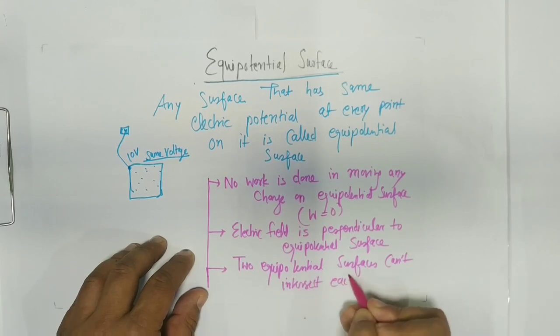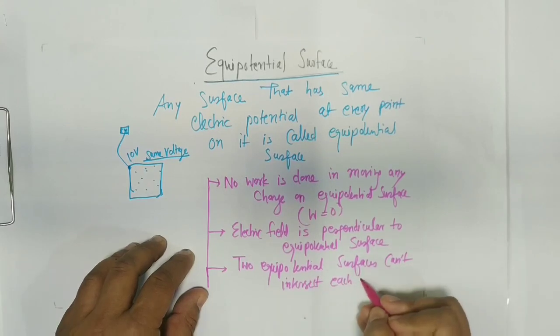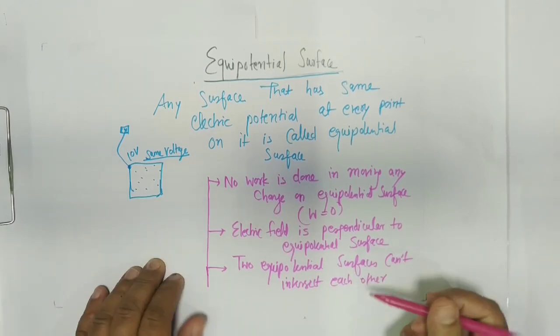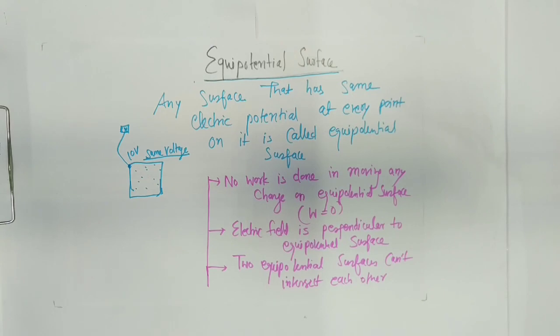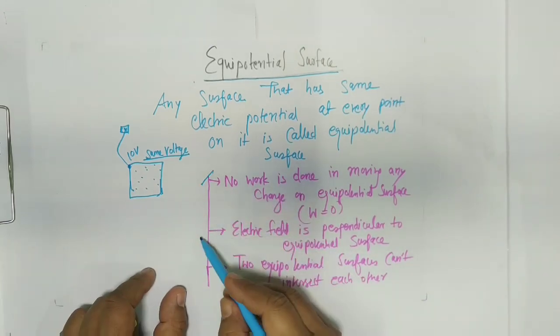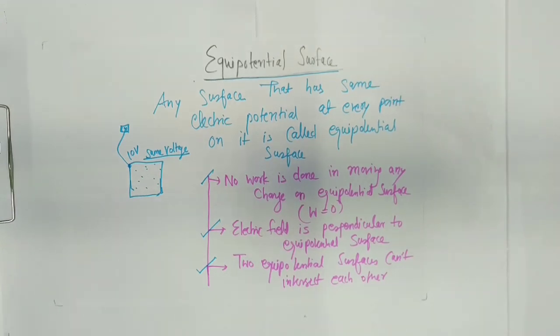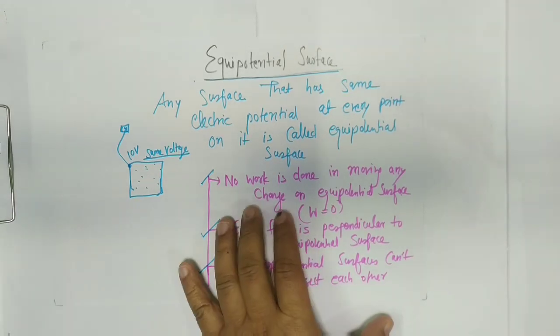It is the same like two electric field lines can't intersect each other because there would be 2 directions of electric field. So these are the 3 points. They can be asked as conceptual: no work done, electric field perpendicular, and 2 equipotential surfaces can't intersect each other.